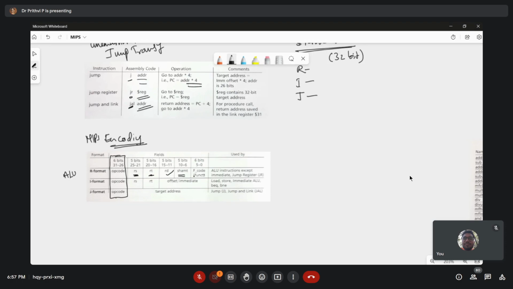And this F code is the function code, the field which mentions the function. Function code will be given here. This is an additional opcode. You can use it or skip it. Whenever you want a specific function to be mentioned, you can use this F code.